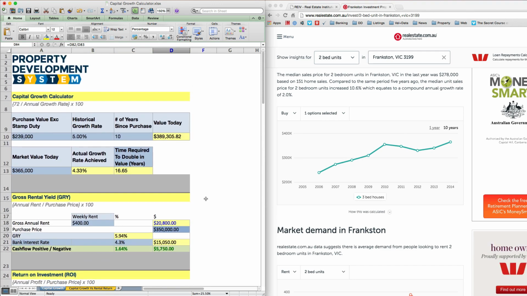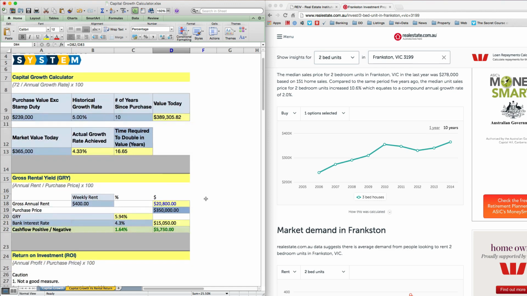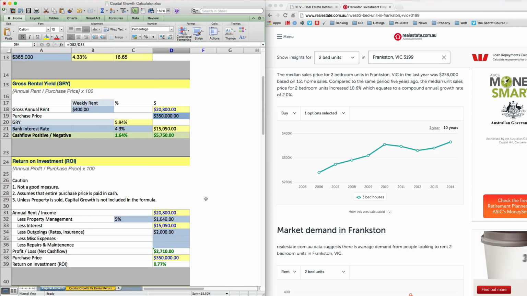As far as capital growth is concerned, one advantage that all the developers get is, instead of paying the purchase price right here, they might be able to, because they're getting the permits themselves, getting a builder to build it, and they're paying cost. So that could be 290,000, for example.